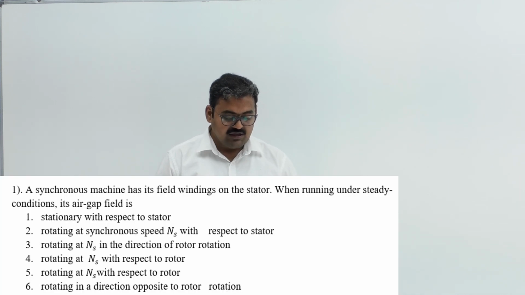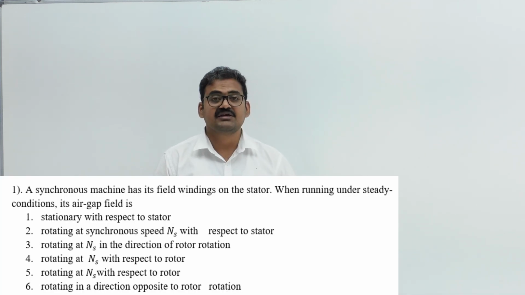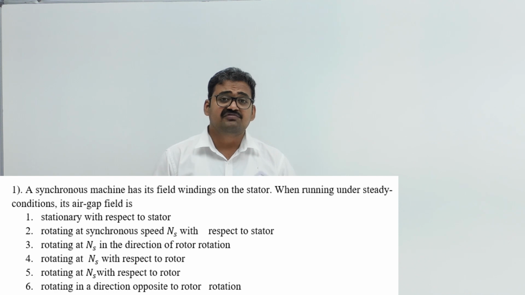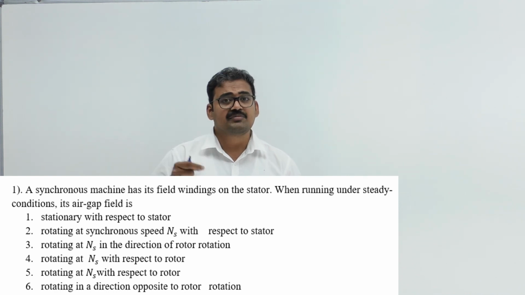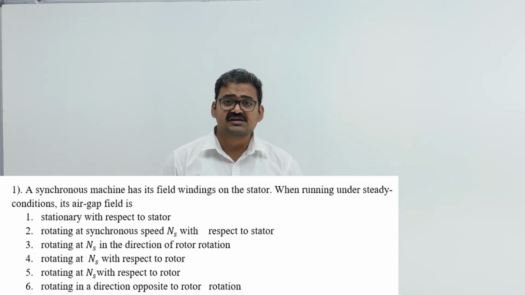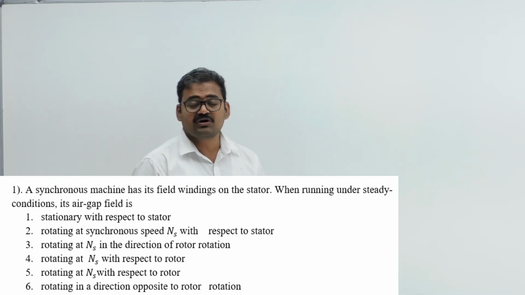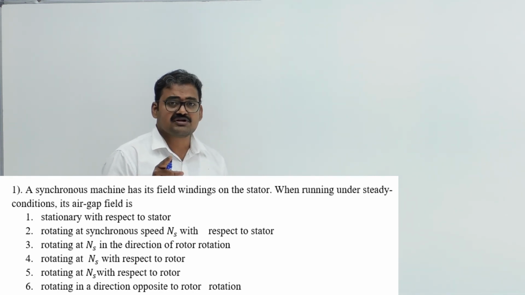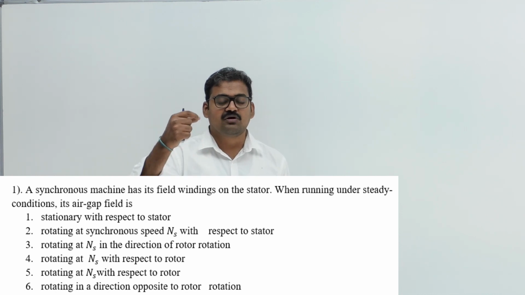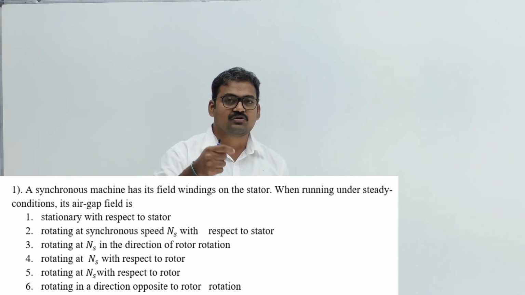It was clearly mentioned that the synchronous machine has its field winding on the stator, that means the armature winding is on the rotor. Tell me one thing, field winding on stator, armature winding on rotor, is it like a DC machine? Because I told you in a basic synchronous machine, armature winding will be on stator, field winding will be on rotor.